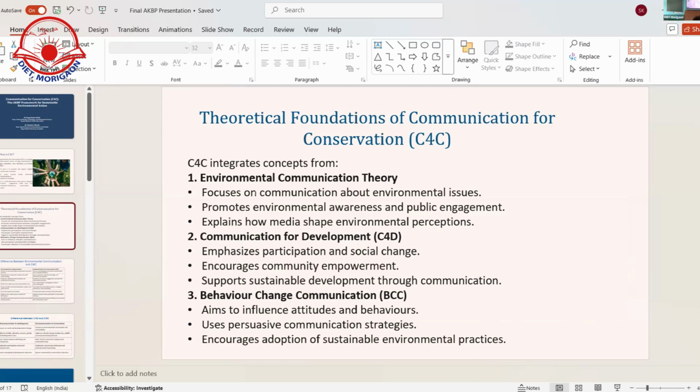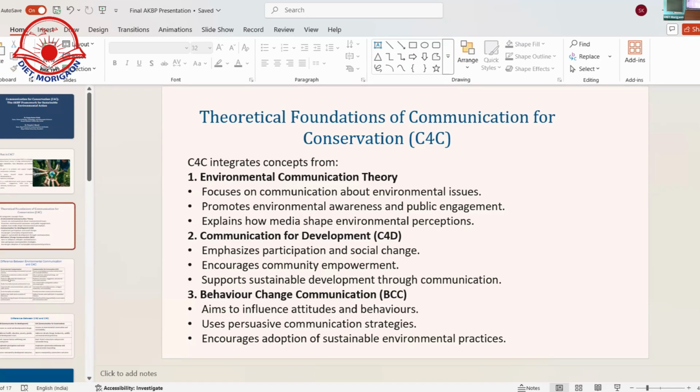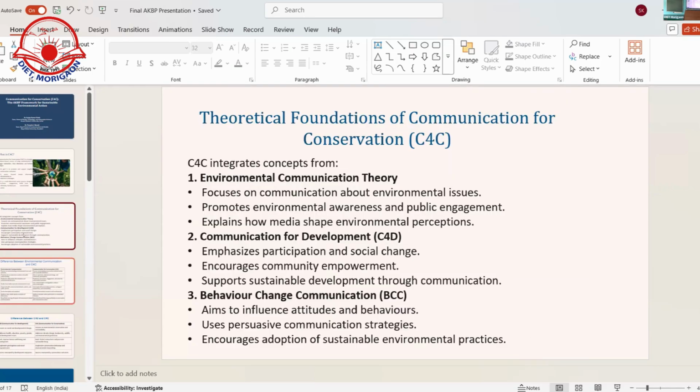Likewise, development communication focuses on human development and development in society. And behavioral change communication emphasizes how one can change his or her behavior according to the inputs from outside sources.